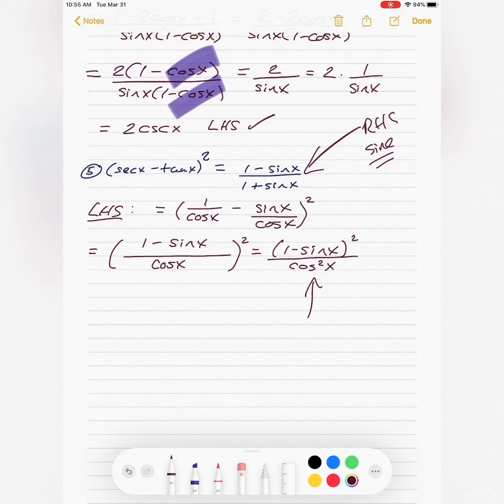So I'm looking at my latest step and I'm thinking, well, my numerator kind of looks good. What about my denominator? I wonder if I could replace that cosine squared using that identity, because then I'd have everything at least in terms of sine, which is what I need. So let me try that.